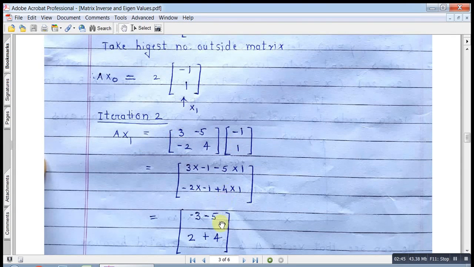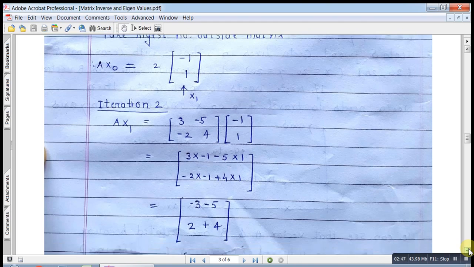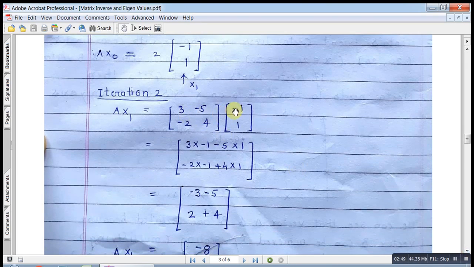So 3 into -1 plus -5 into 1, here the sign is minus. Similarly -2 into -1 plus 4 into 1. So AX1 will be -8 and 6.